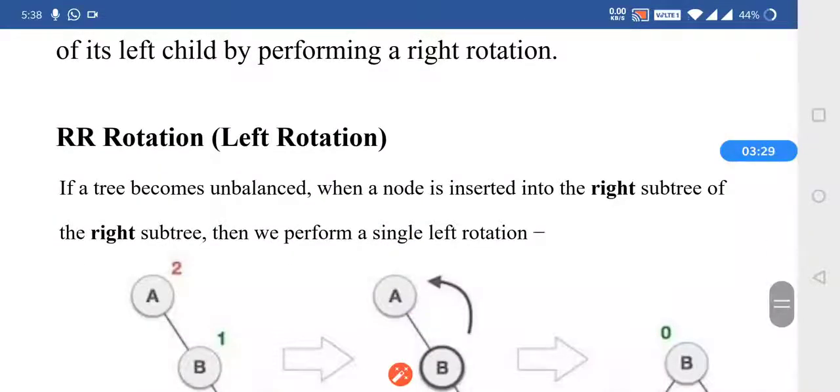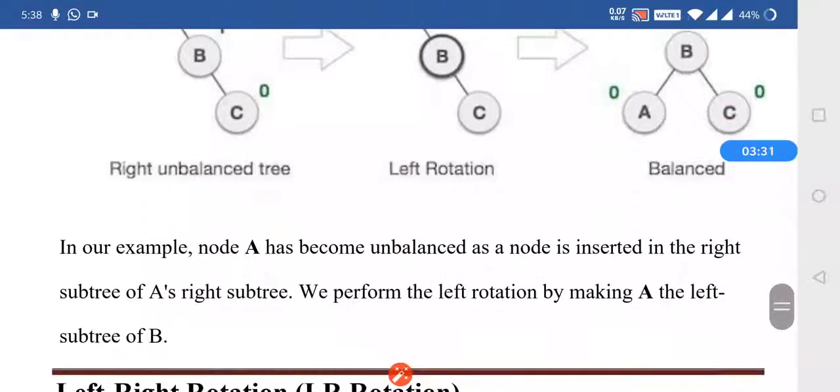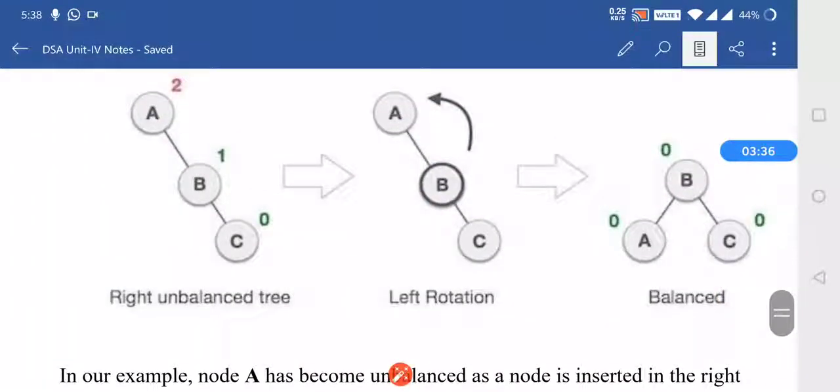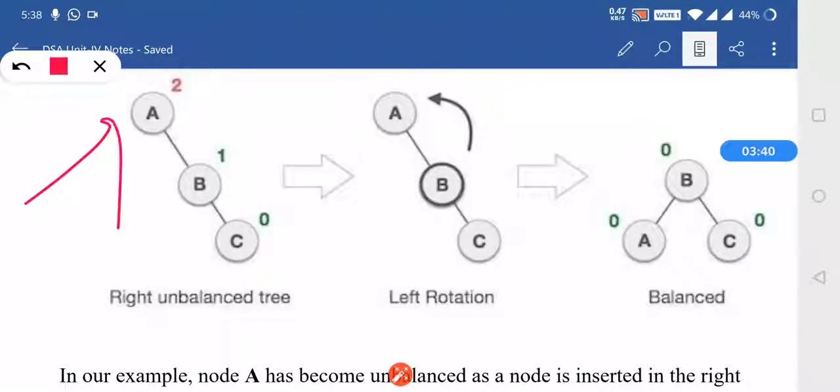Now the next is RR rotation. In RR rotation, now we can see this particular tree. Here is the tree. This is the unbalanced node. Again the balance factor is more than 1. So what we have to do, first we find out which is the unbalanced node.